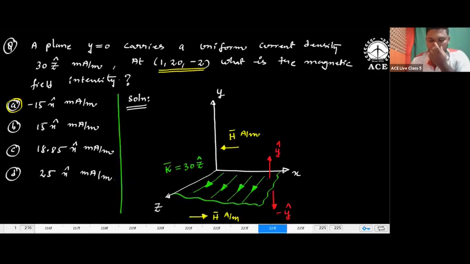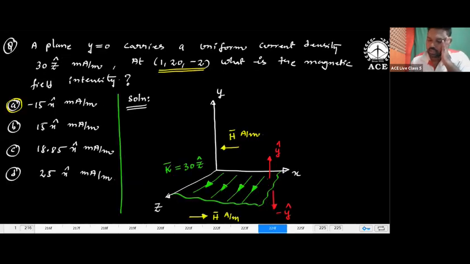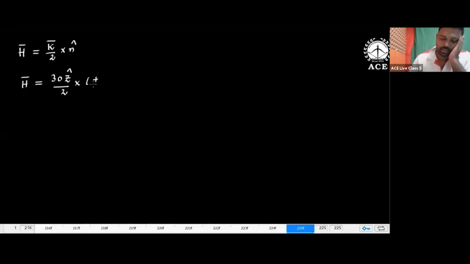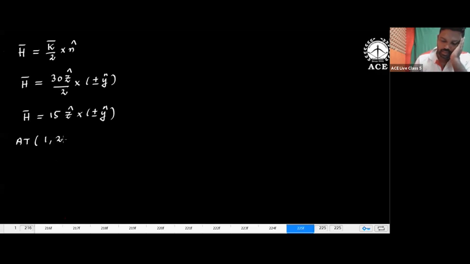What is this K, beta? 30 Z cap, cross N cap. What is the normal to the sheet? Plus or minus Y cap. He is asking at what point, at 1, 20, -2.